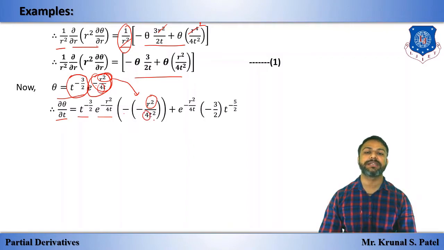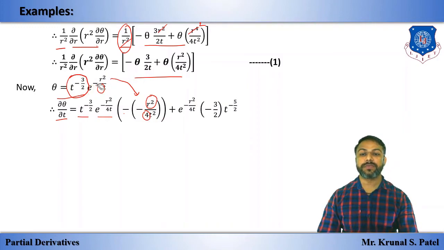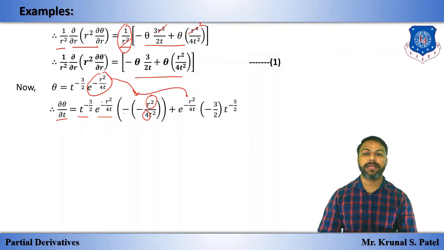the differentiation of 1 by t is minus 1 by t square, as we know. Plus, now this e raised to term is as it is this time, and the differentiation of t raised to minus 3 by 2 is minus 3 by 2 times t raised to minus 5 by 2.